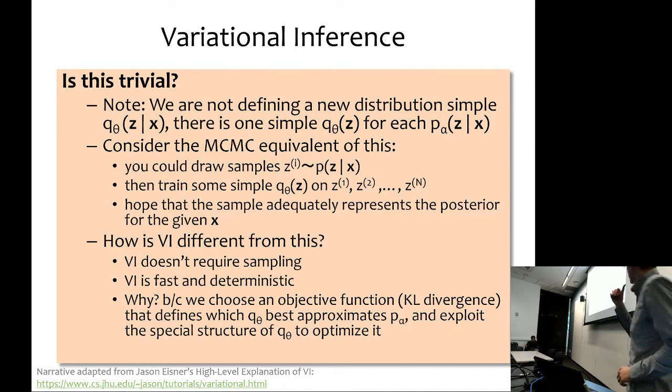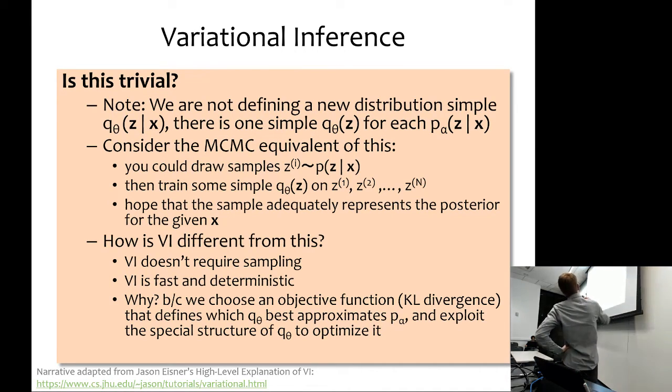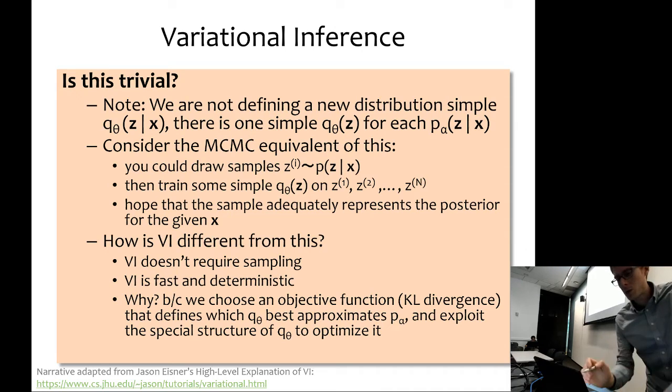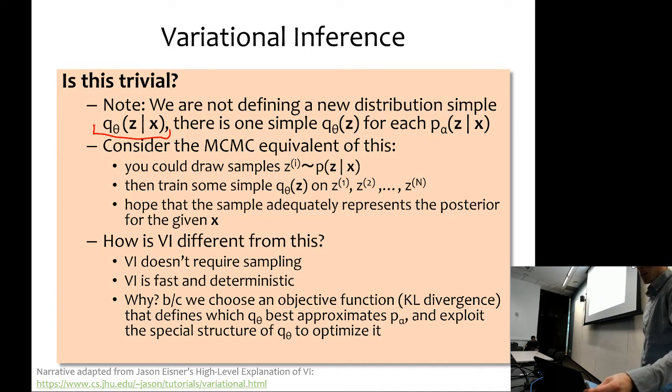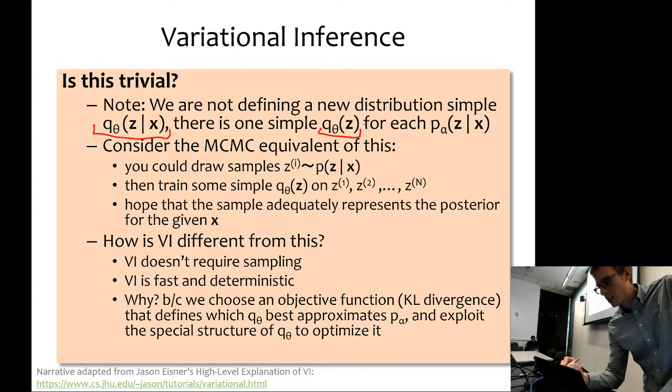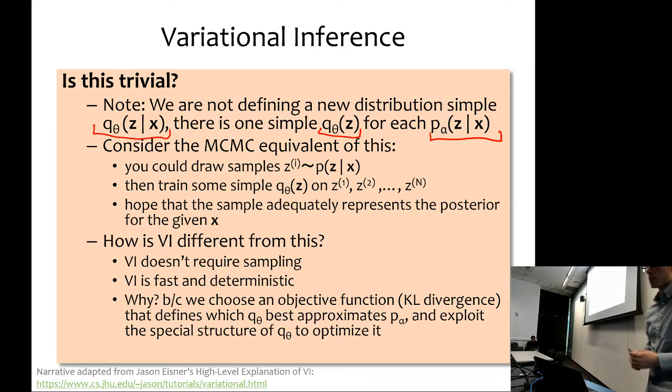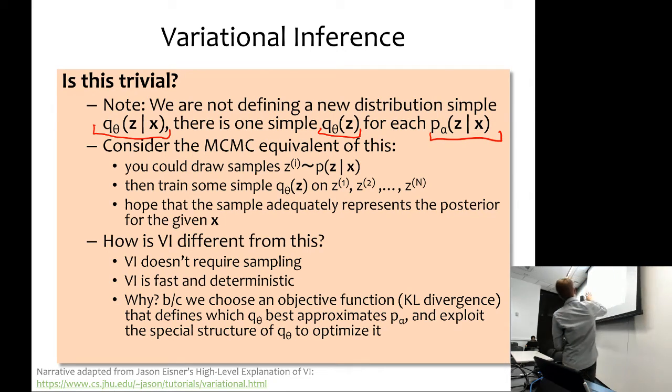It's important to notice that we're not defining a new distribution, this simple Q of z given x, but rather we're defining a Q of z for each P of z given x. So Q of z actually doesn't have access to whatever x is.